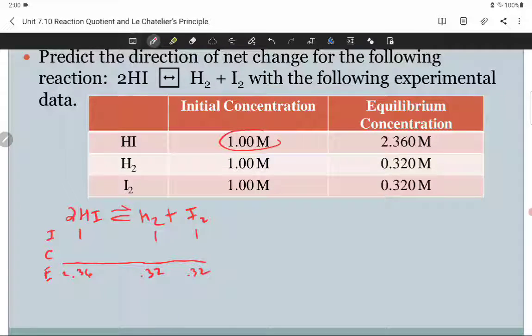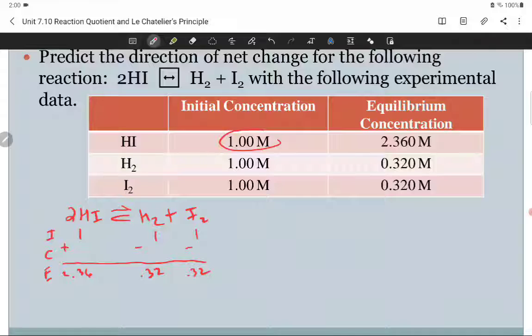I think it becomes obvious which way this reaction has to shift. So you start off with 1 HI, you'd have to add HI. You would have to subtract on the product side. So we don't actually have to do much in the way of mathematics to figure out how this reaction is going to change. But let's do a little bit more than that.